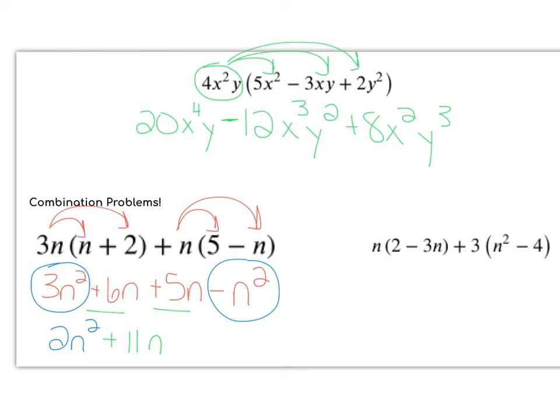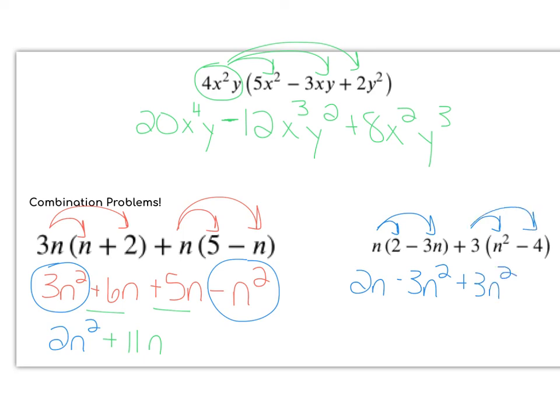All right, this last one. Notice I have multiplication, and I have addition. So I have to do this multiplication, and then I'm going to add, okay? So I do n times 2, that's 2n. n times negative 3n is negative 3n squared. Then I'm going to say 3 times n squared, that's a positive 3n squared.